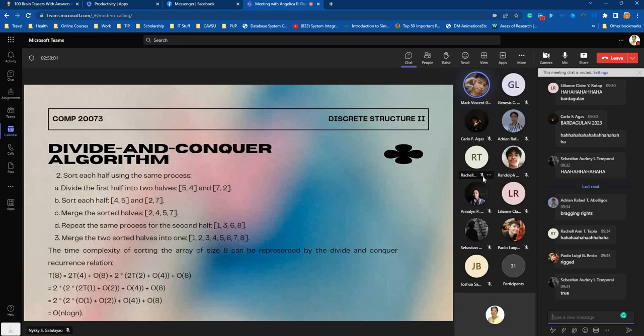And third step, the time complexity of sorting the array of size 8 can be represented by the divide and conquer recurrence relation.